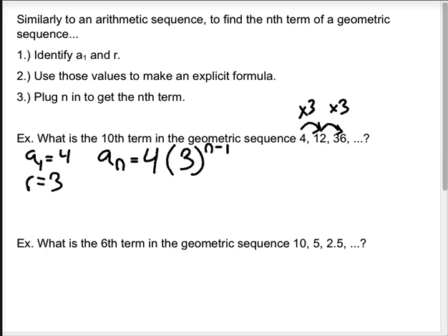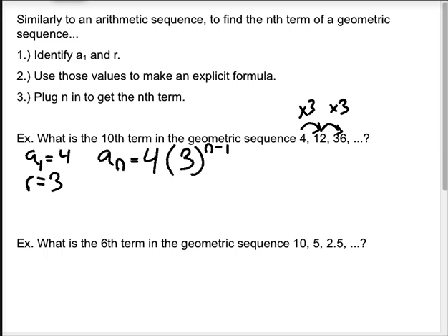The commonality I want you to see here is that whole n minus 1 idea. Remember, arithmetic did that too. It's very important to remember the whole minus 1 piece, n minus 1. So that's all it takes to write the explicit formula.